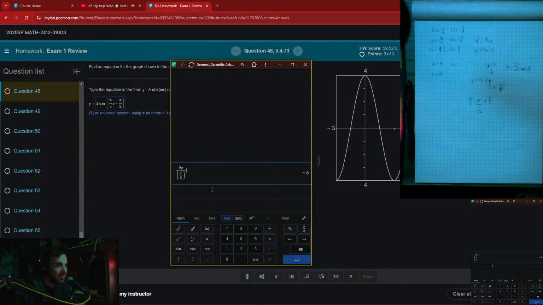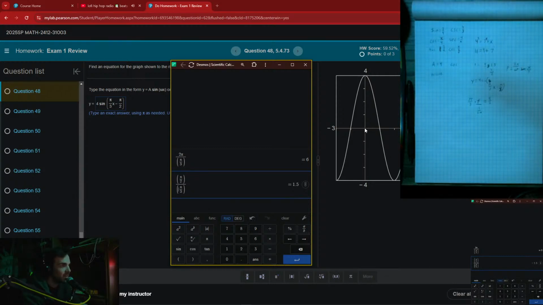This is omega. So we should also divide by pi over 3 to give us 1.5, which is the phase shift, right?